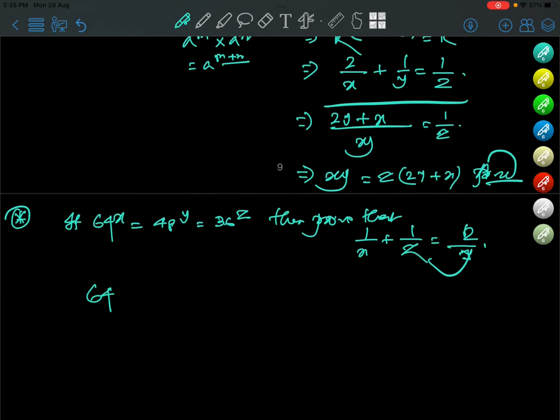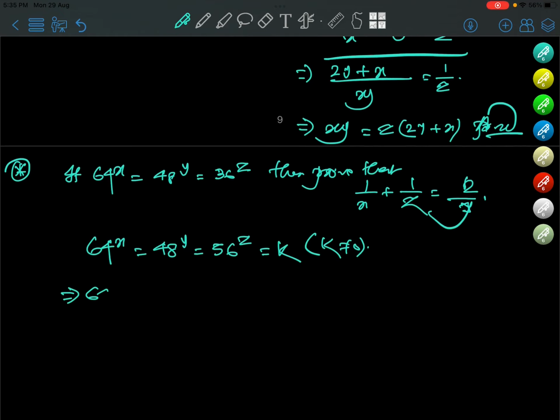So now 64 to the power x equals 48 to the power y equals 36 to the power z equals k, the same way, and k not equal to 0. Now 64 equals k to the power 1 by x, 48 equals k to the power 1 by y, and 36 equals k to the power 1 by z.